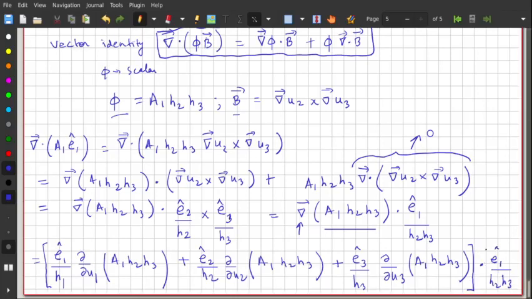We are just dotting it with E1, so that is the only component which will survive, and the others will become 0.